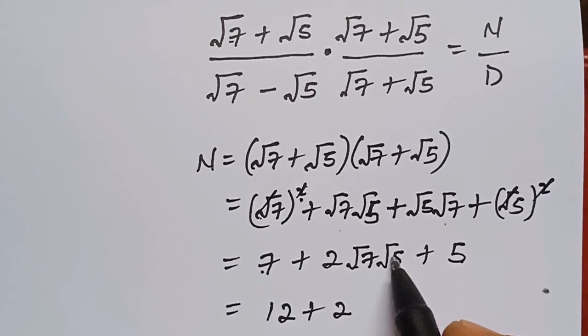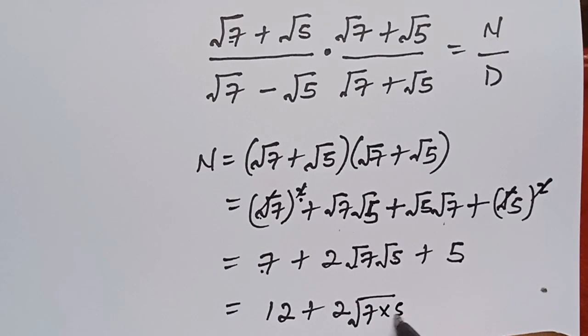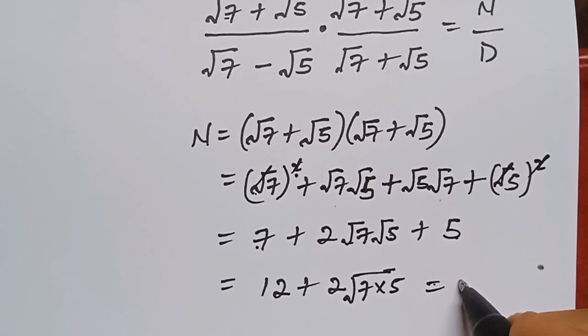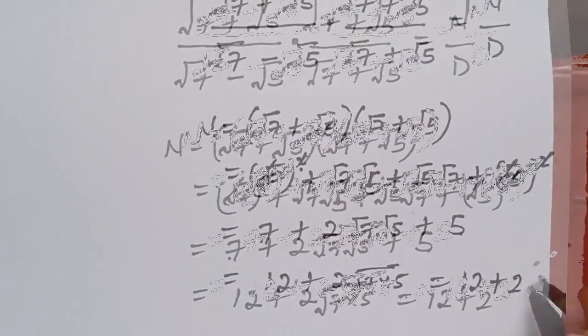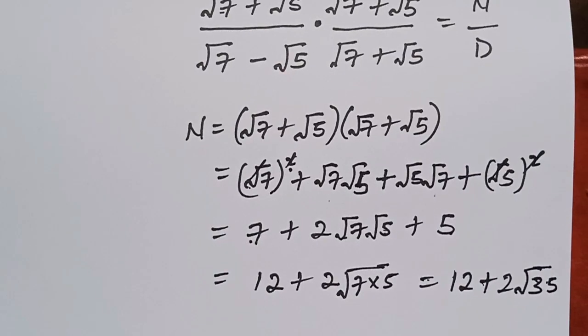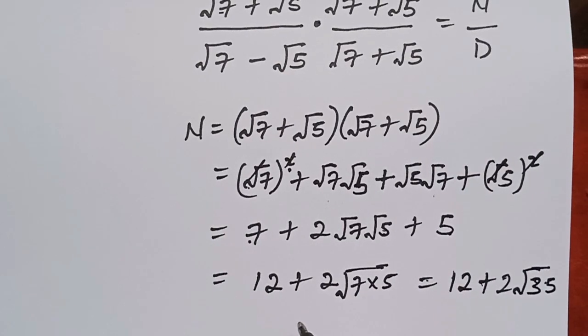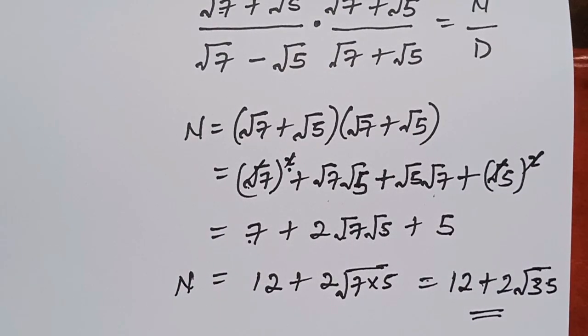This can also be expressed as square root of 7 times 5, which gives us 12 plus 2 square root of 35. Then this gives us a simplification of n, which is the numerator.